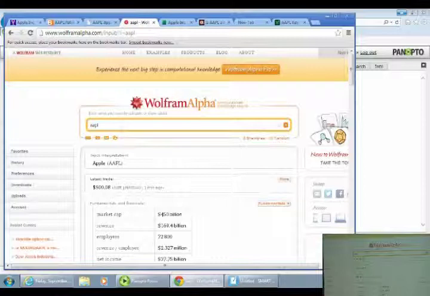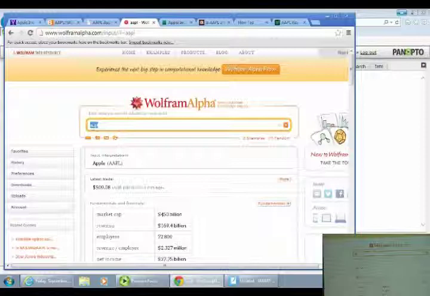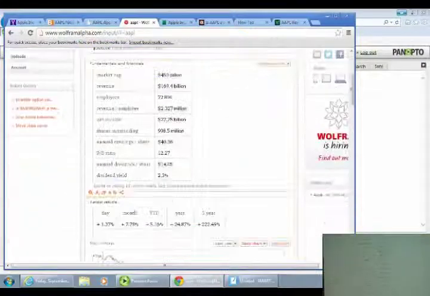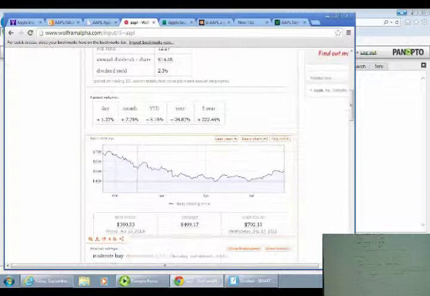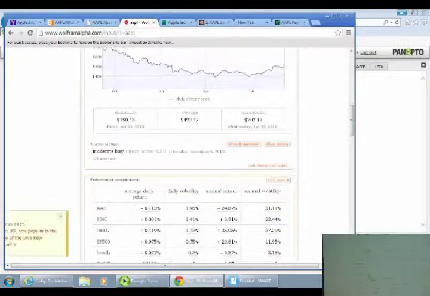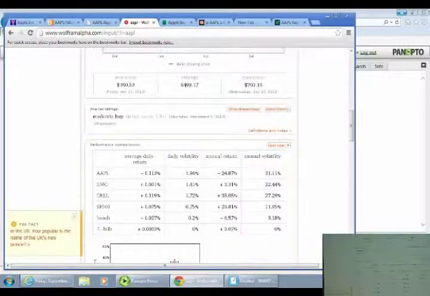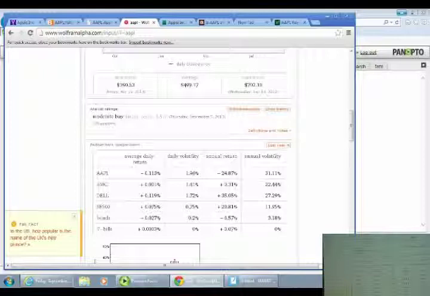Probably if you want the easiest one to look at, Wolfram Alpha. Wolfram Alpha does an awful lot. All you do is just go Wolfram Alpha, type in the ticker, and it will give you a very short, quick report to the point. A little more mathematical than some of the others, based on some ideas that the future is likely to be a repetition of the past.